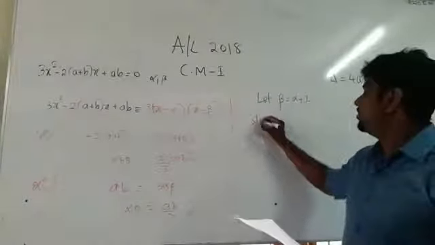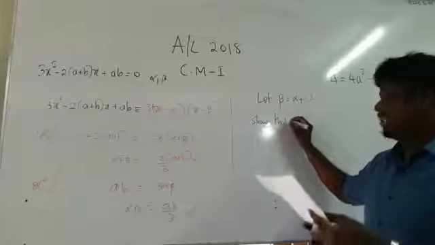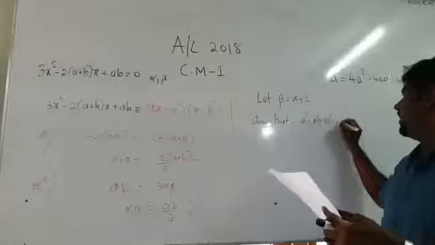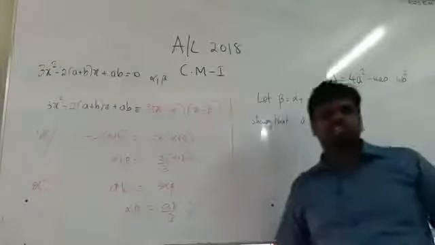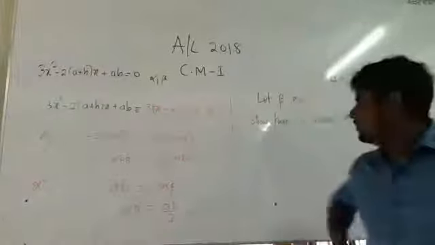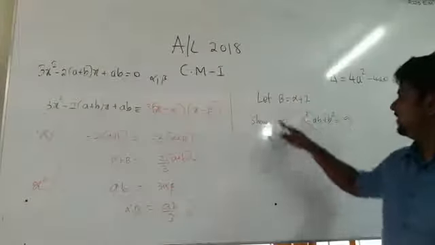Show that a squared minus ab plus b squared equals 9. So that's a problem now, because they give beta.